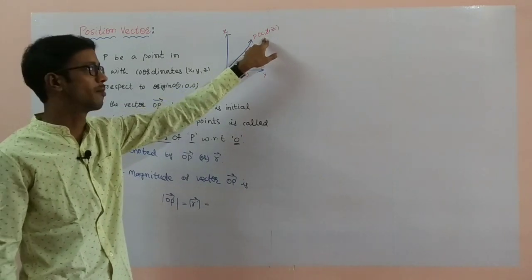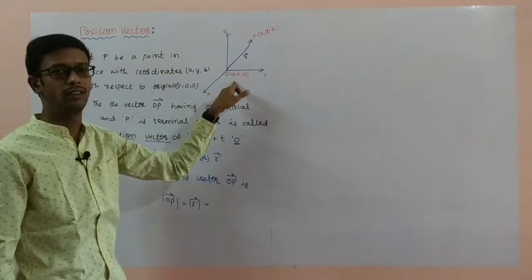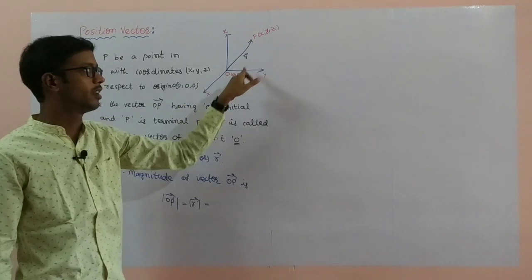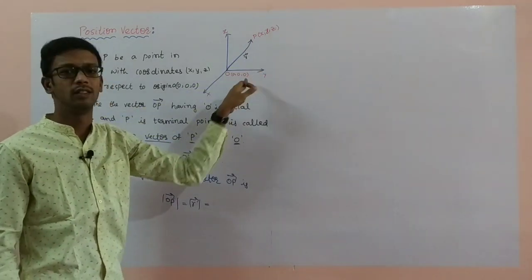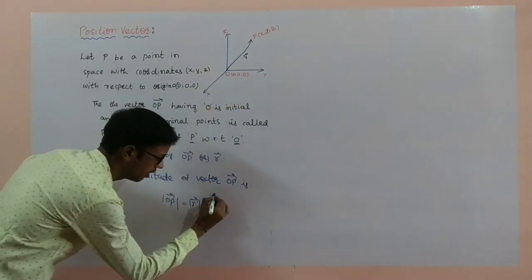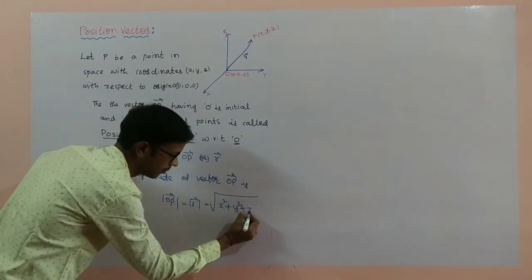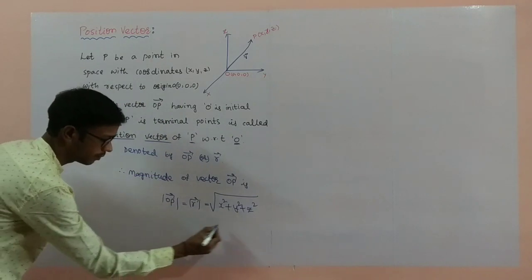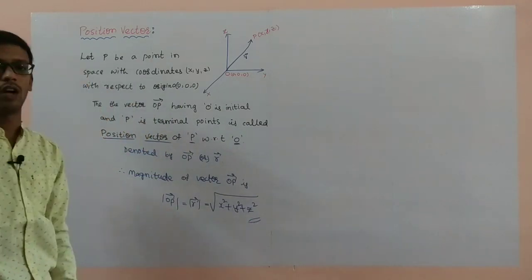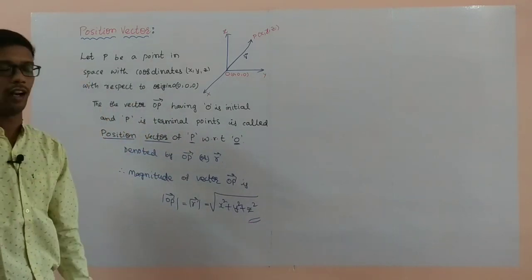What is the distance formula? Square root of x minus 0 whole square, y minus 0 whole square, z minus 0 whole square. Magnitude is nothing but distance: square root of x square plus y square plus z square. This is the magnitude of the position vector.